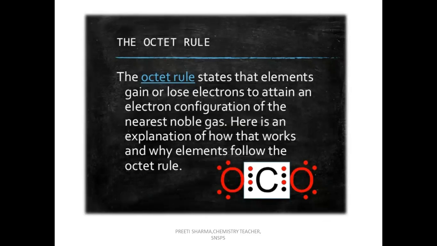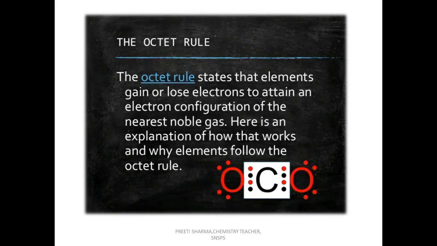The octet rule states that elements gain or lose electrons to attain the nearest noble gas configuration, or we can say stability. Here, stability is very important. If any element is stable in nature, it will not react. To attain stability, they attract each other and form a bond between them, right?